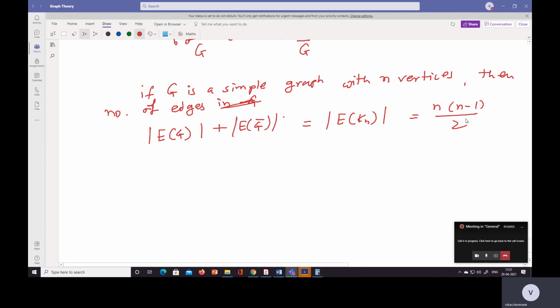This is the formula to find the number of edges of a complete graph.